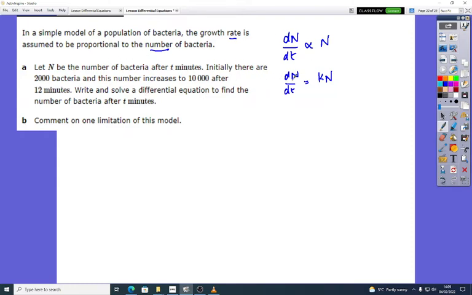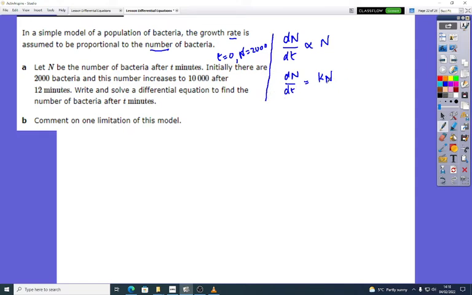Now I've got this. Sometimes in the exam it might say show this, and you get a mark or two to set this up, and then you work forward. But now it's told you that initially means t equals 0, n is 2,000. So I'm going to quickly write that down, and then break this down and integrate it.